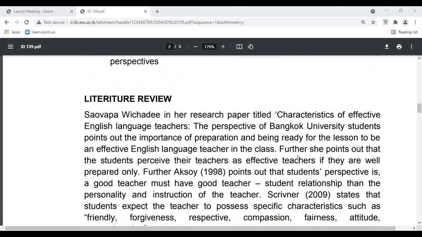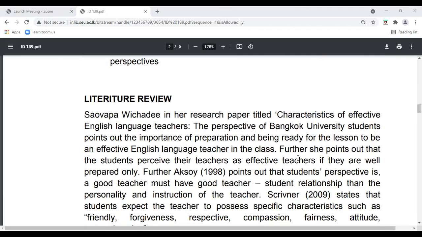Literature review: a researcher in her research titled Characteristics of Effective English Language Teachers, the Perspective of Bangkok University Students, points out the importance of preparation and being ready for the lesson to be an effective English language teacher in the class.